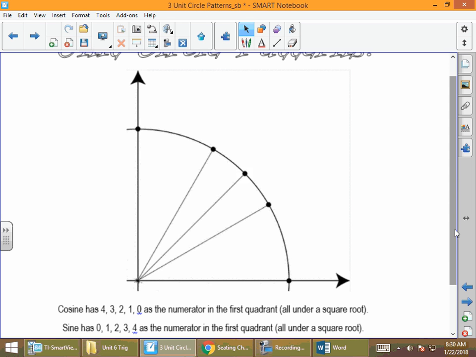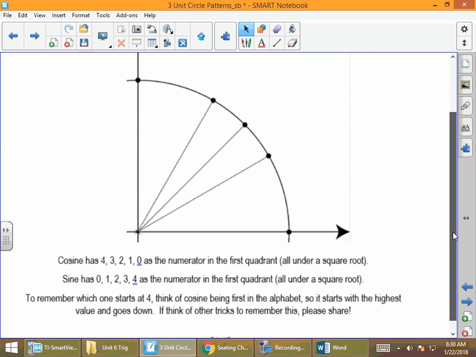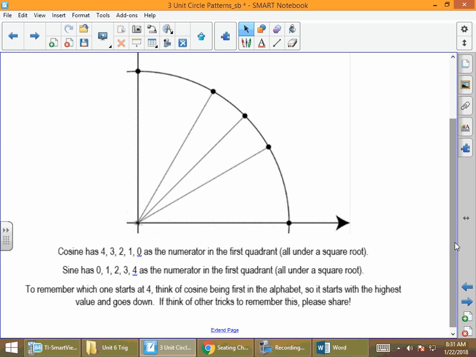And to remember which one starts at 4, well, cosine comes before sine in the alphabet, so we're going to start here. And once again, cosine is going to be the x value of the ordered pair, but as we start this here, this is going to be square root of 4.